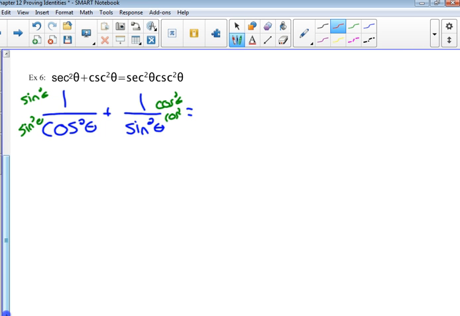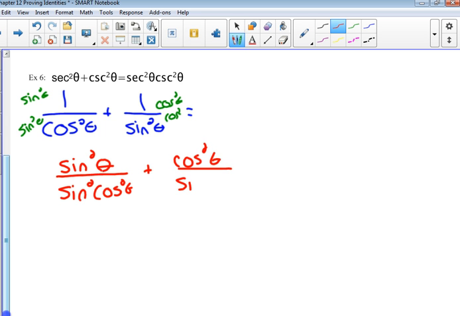So we have sine squared times 1. Oh, that's 1. You guys are catching on here. Now on this side we got a cos squared theta over sine squared theta cos squared theta. Okay, so we have a common denominator, which is awesome.